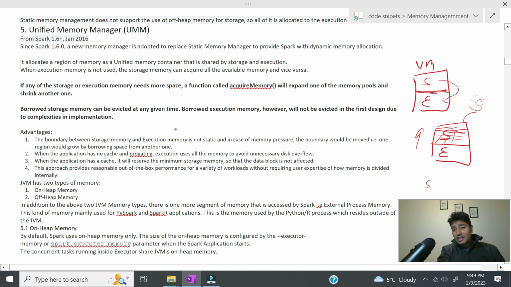This memory which has been allocated for execution won't be reclaimed by storage because it will be complicated. That's what is written here. To reclaim execution memory is complicated, but to reclaim storage memory is simple.